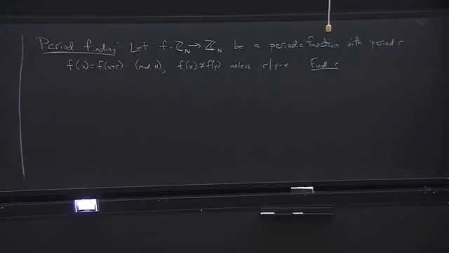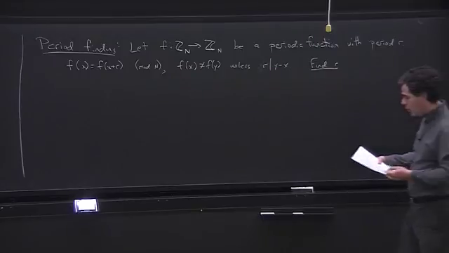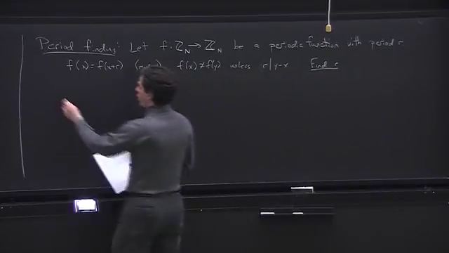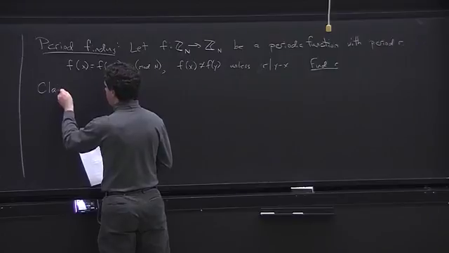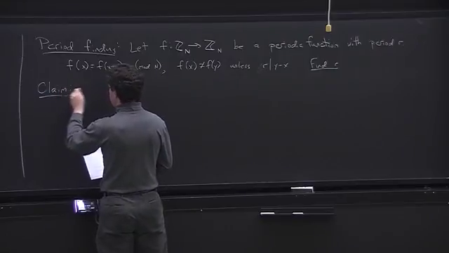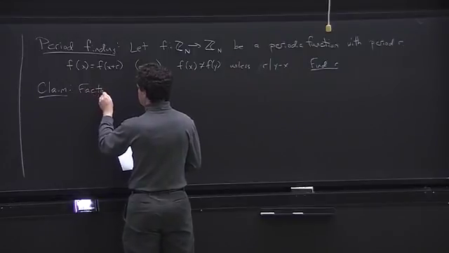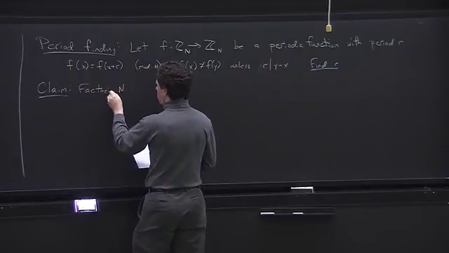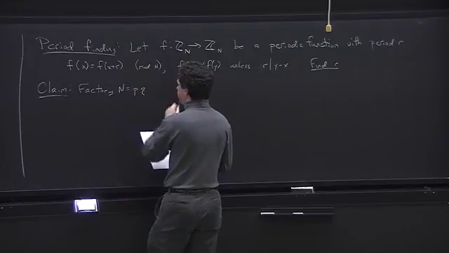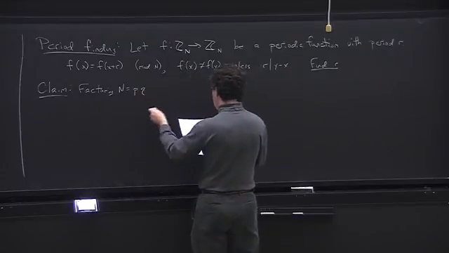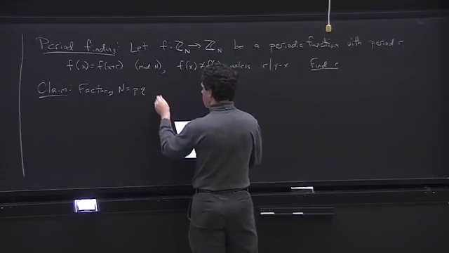So let me tell you how period finding is related to factoring. There's a couple of mathematical details that I'm not going to go through. But basically, if you can period find, then you can factor.